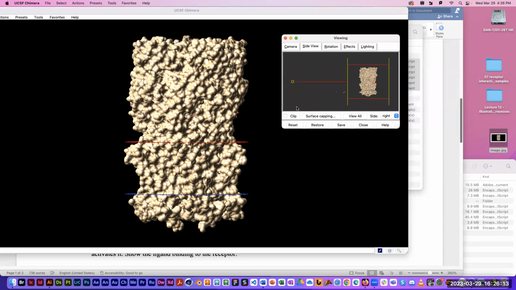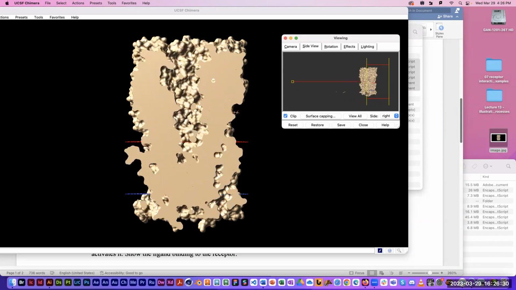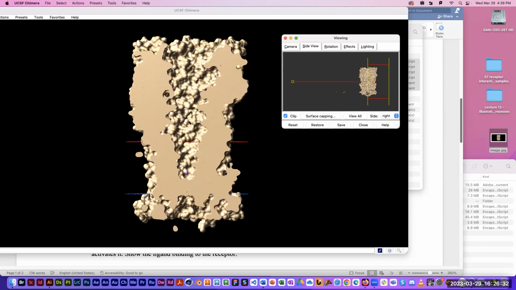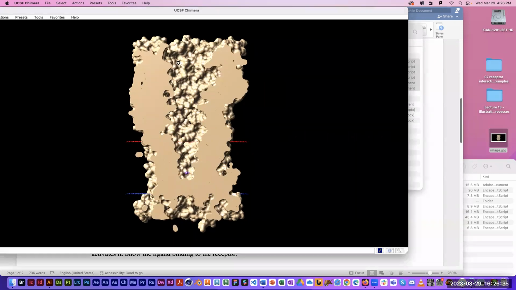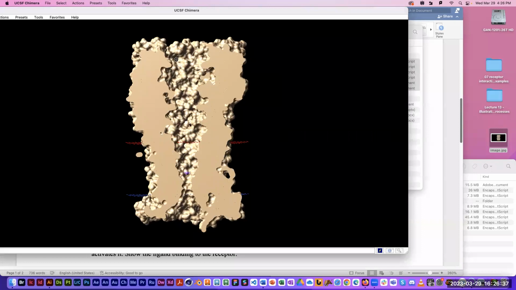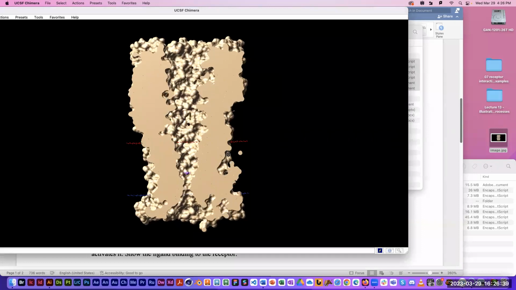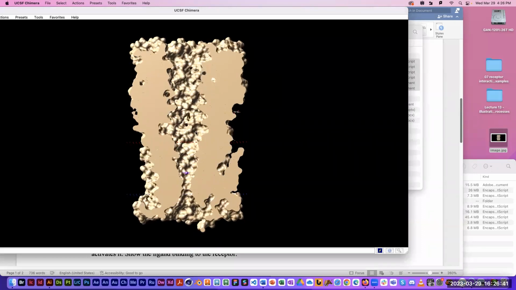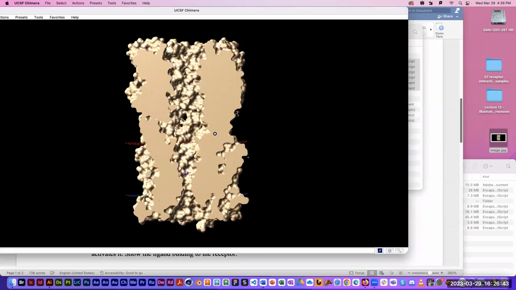What this is showing is the little yellow square on the far left represents the viewer's point of view, and these other yellow lines represent planes that we can use to crop into the molecule. So if I take this left-hand yellow plane and drag it into the molecule, I can cut into it and generate a cut sectional view that shows the pore that runs down the middle of the molecule.